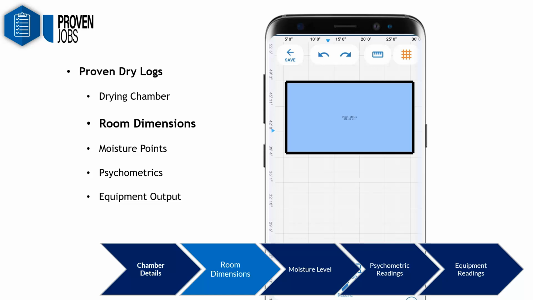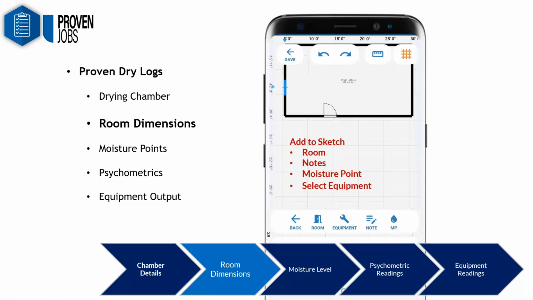By adding the room icon, it will pop open an option to enter in the room dimensions, thus creating a room within the sketch pad. Doors and windows can also be added to the sketch to better reflect the actual space. Additionally, rooms, notes, moisture points, and equipment can also be added to the sketch pad in order to better represent the area.